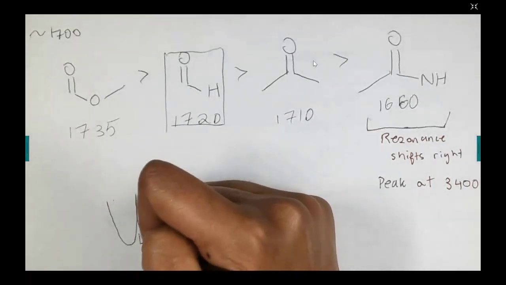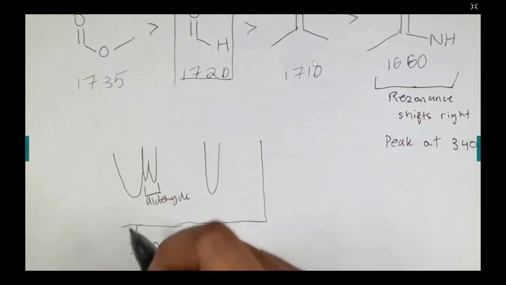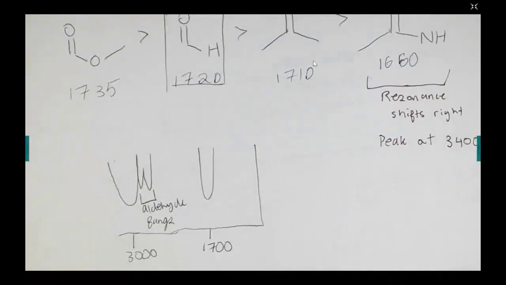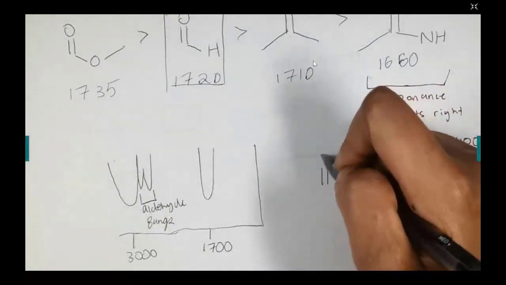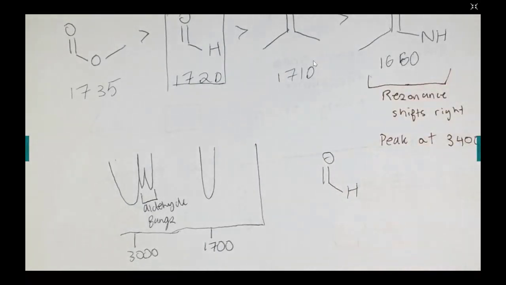These are your aldehyde fangs. If you see those fangs, it will be an aldehyde. No other carbonyls fit that description. So that is our IR for us. Are there any other questions before we move on?